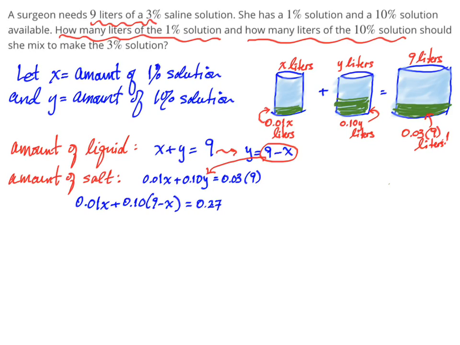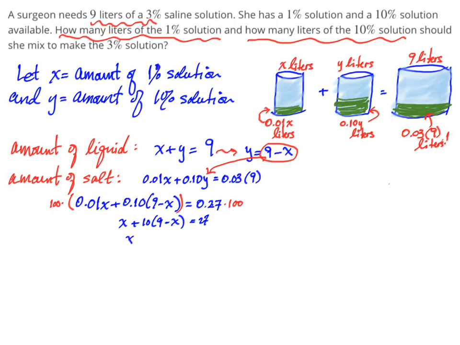Before I start distributing, I always like to get rid of my decimals or fractions. So I'm going to multiply by 100 on both sides to get rid of all those decimals. On the left, I get x plus 10 times 9 minus x, and on the right, I get 27. This is a nice simple linear equation with one variable.